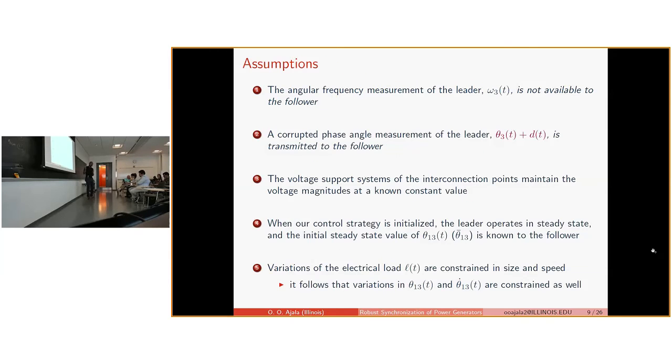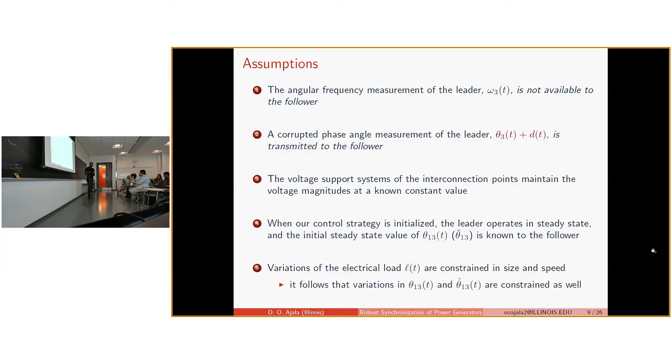Now, the assumptions we're making in this work are the following. The angular frequency measurement of the leader, omega 3, is not available to the follower. So it's only the phase that's been observed. However, a corrupted phase angle measurement of the leader is what is observed. So we have this additional disturbance term here, and this is what the follower observes.